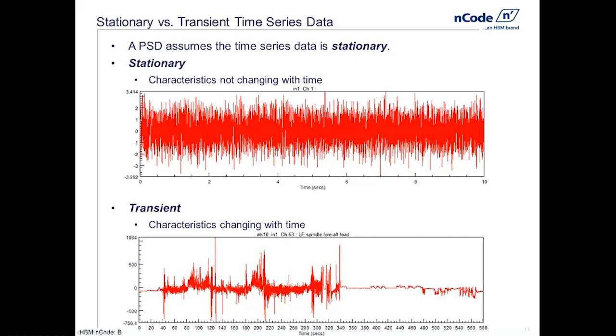Remember, the Fourier transform is going to look at an average amplitude. It's kind of like fitting a sine wave of a given frequency into the time series data and returning the average amplitude of that sine term in Fourier's sum. So clearly, looking at averages, what the average loading looks like with a transient signal, is a bad thing, because averaging out peaks is going to reduce peak stresses. That's going to influence our fatigue calculation.